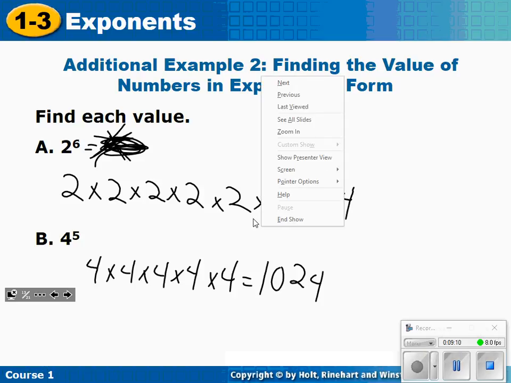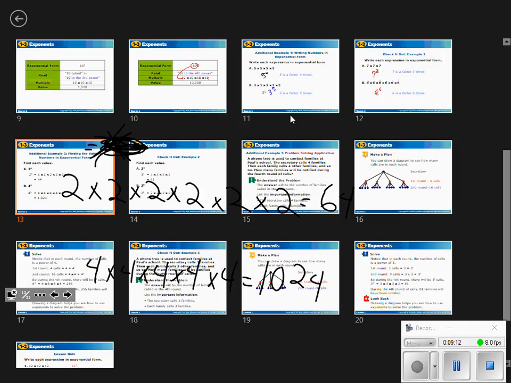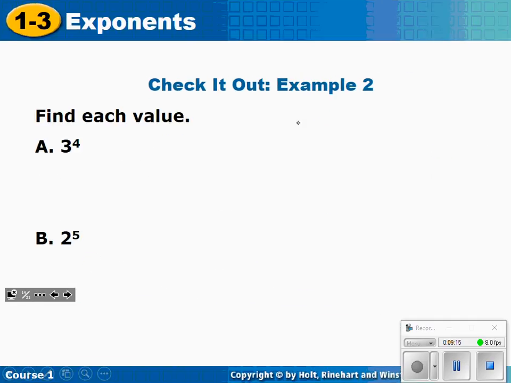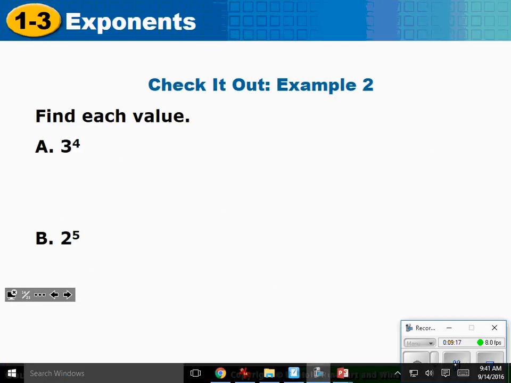Okay, you guys, show me this one. When you are doing your homework and you are asked to find each value, I told you you need to show your work.